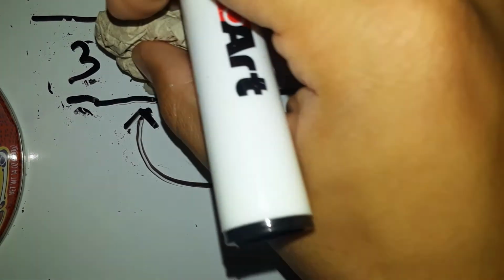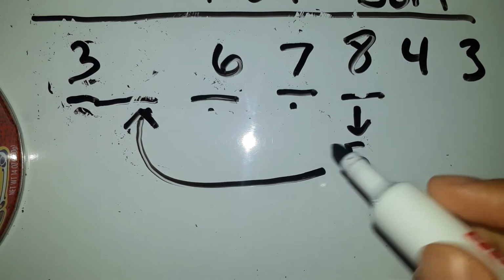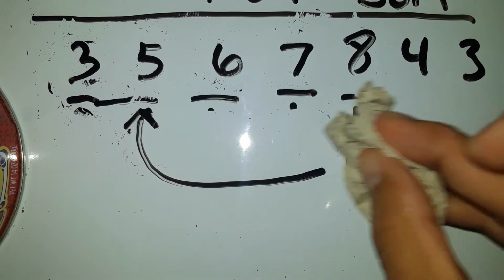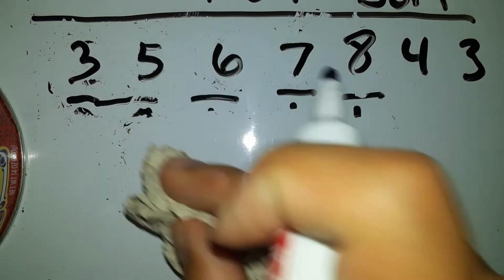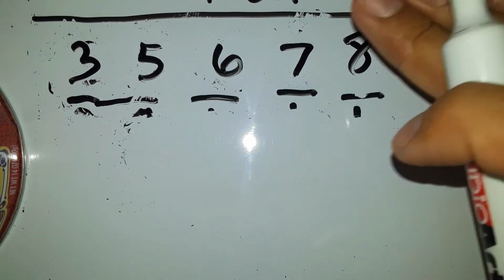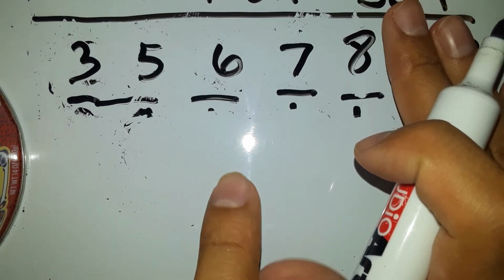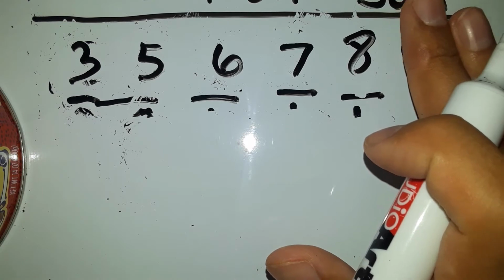And 5 now goes into this spot. I have so much marker dust right now on my board, so I do apologize if it's getting kind of messy, but can't really wipe through it just yet. So again, let's go ahead and check our work. In the context of the items we have seen, right, so not the 4 and 3, 3, 5, 6, 7, 8, it is in fact in correct order.